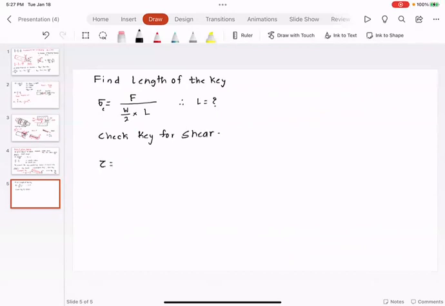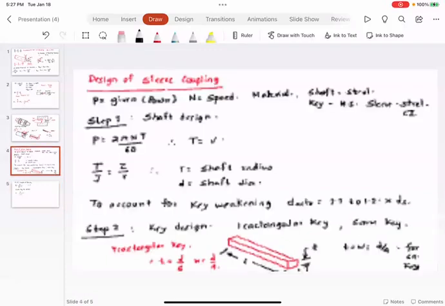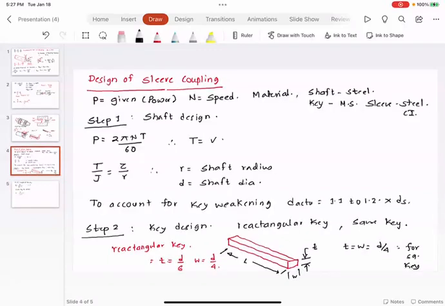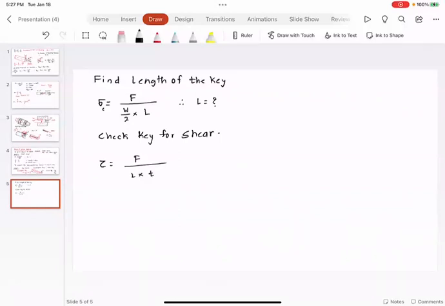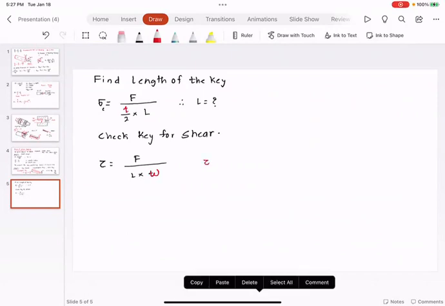So tau is equal to F divided by W times L, where L is the length of the key. And you have to make sure that tau actual is less than or equal to tau design.